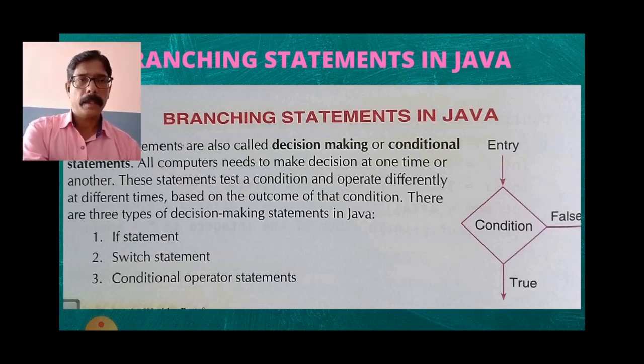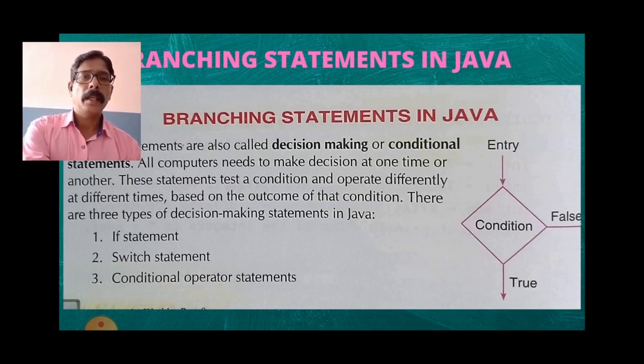All computers need to make a decision at one time or another. These statements test a condition and operate differently at different times based on the outcome of that condition.